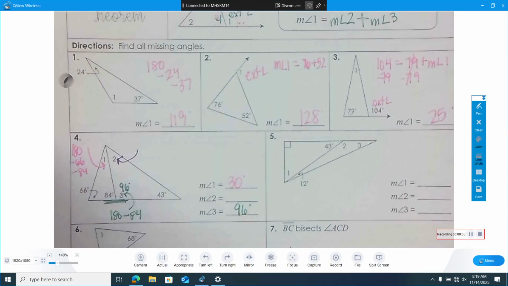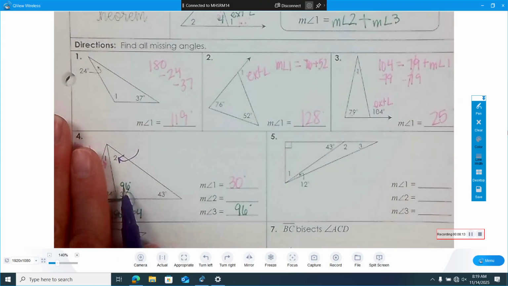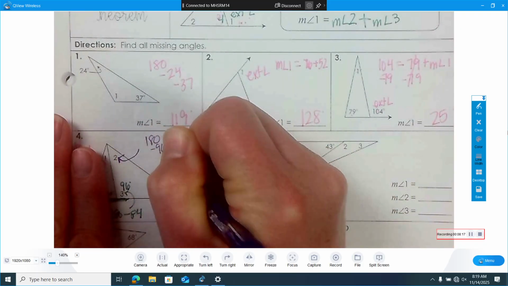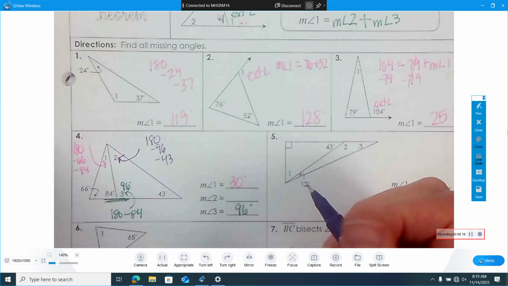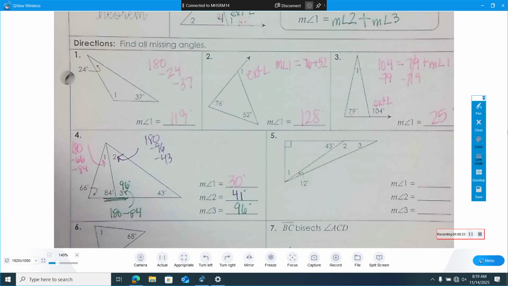How are we going to figure out the measure of angle 2? Yeah, subtract the 96 and 43 from 180. So 180 minus 96 minus 43 is going to give me 41. Yes, 41 degrees. I love all the colors.